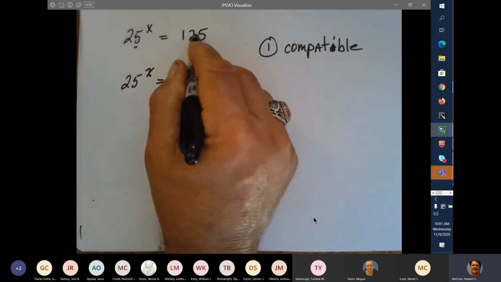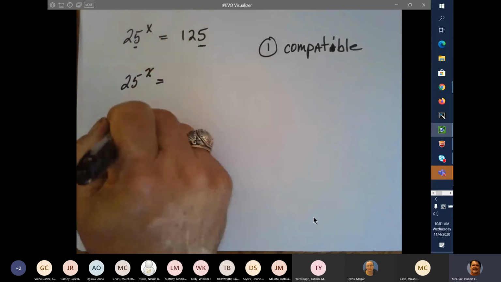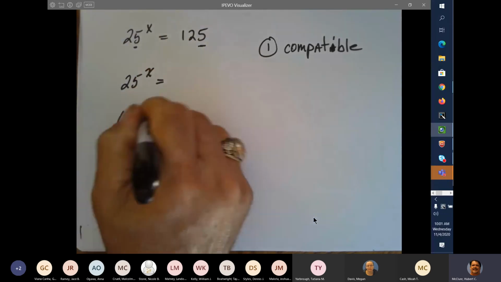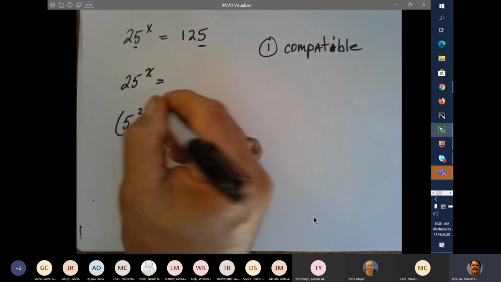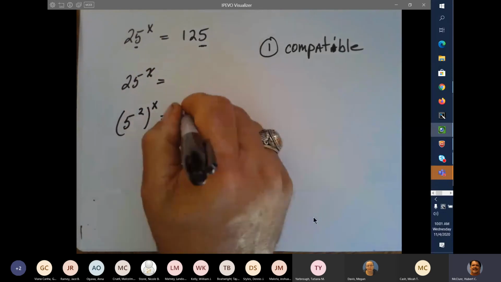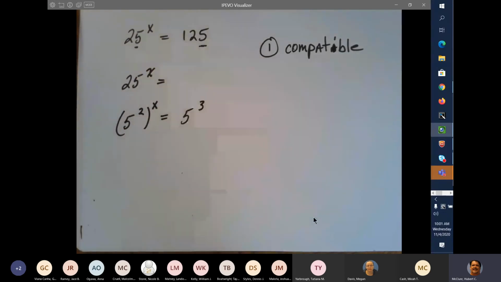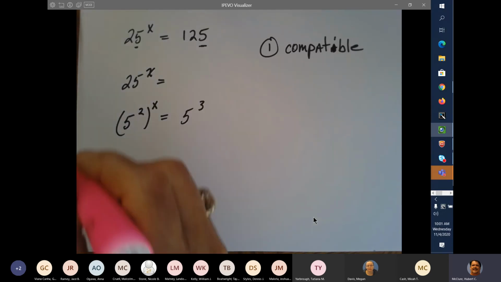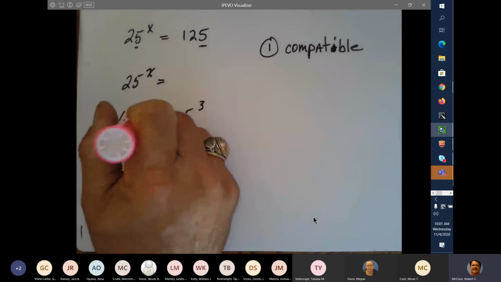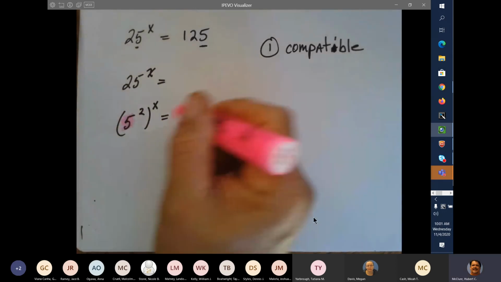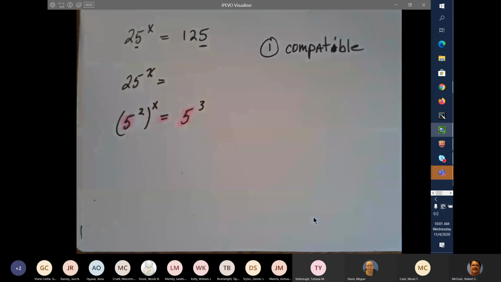Let's see, I could rewrite this as 5 to the second power raised to the x power is equal to 5 to the third power. And remember, if you have an equation, and I gave you this in your properties with the exponents and logarithms, we'll get to them later. If you have the same base and they're equal to each other, what can you do to the exponents?